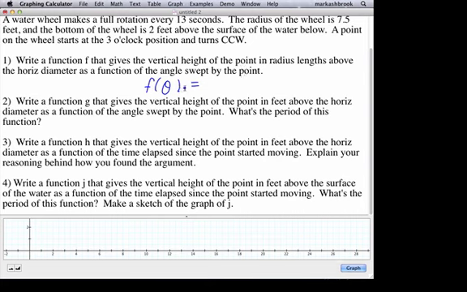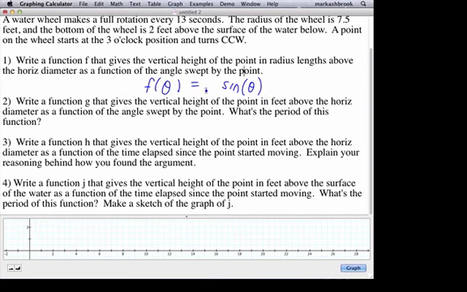We could use any angle. Usually Greek letters are our angles. And output, vertical height of the point in radius lengths above the horizontal diameter. So sine is vertical height. And our input there is theta.